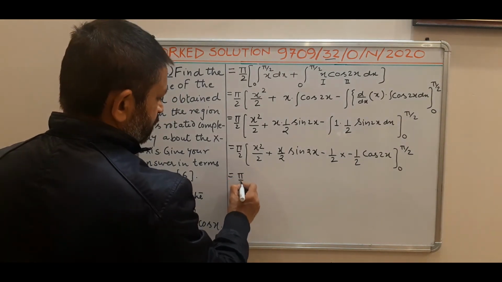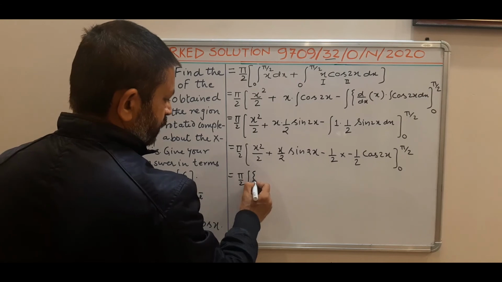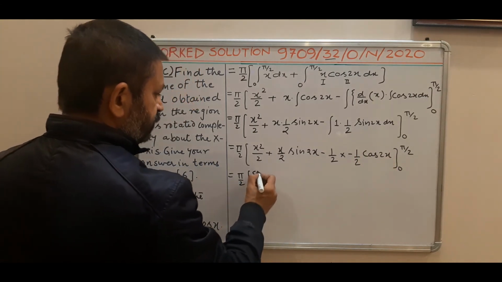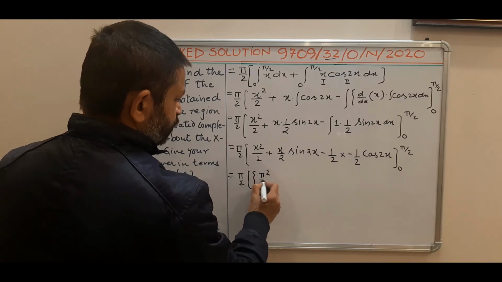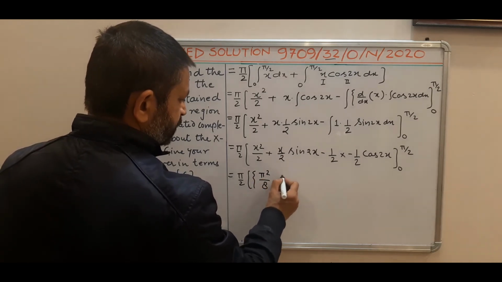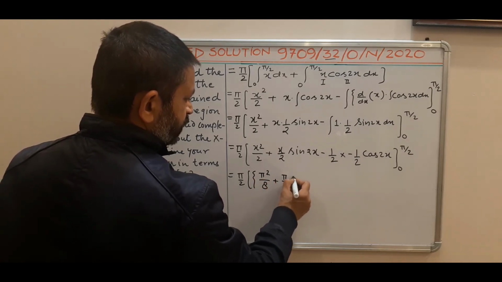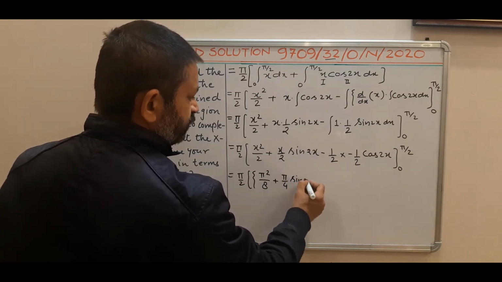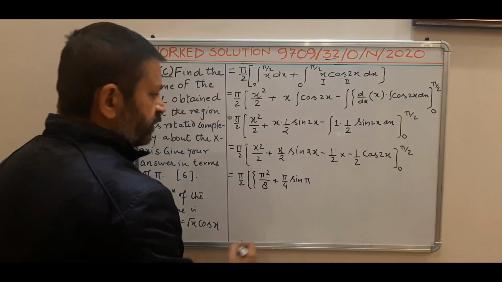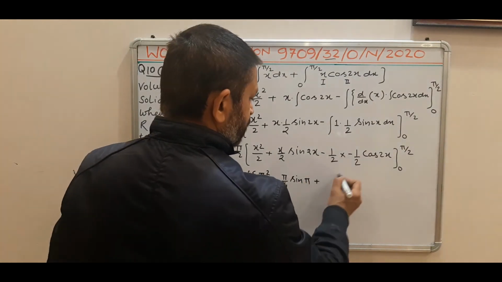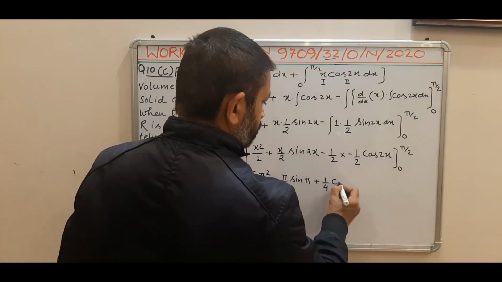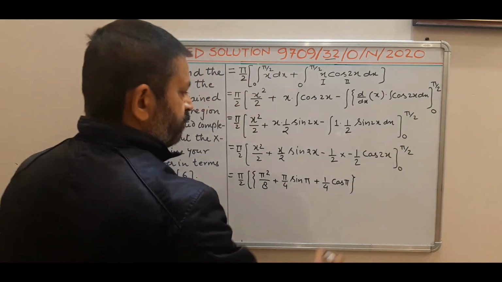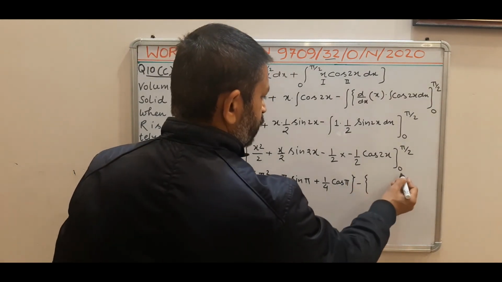So first upper limit is pi by 2. Everywhere in place of x we'll put pi by 2. So it will become pi square upon 8 plus pi by 4 into sine 2x. 2 into pi by 2 will be pi, which will become 0, plus 1 by 2, 1 by 2 is 1 by 4 cos pi, minus, now we'll put lower limit, that is 0.